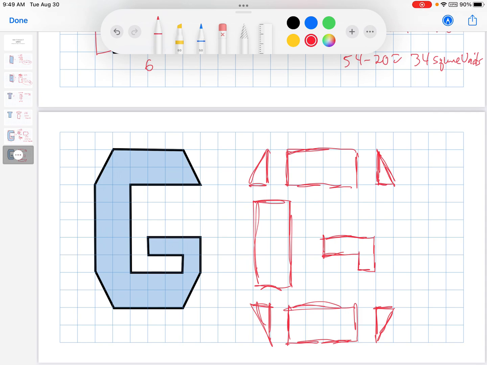Now we'll find the area of each of these pieces, and then add them up, and that will be the area of the whole thing.